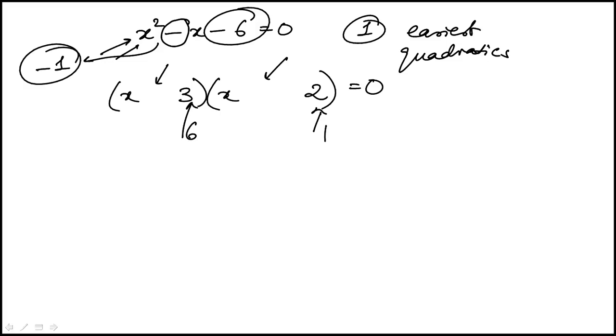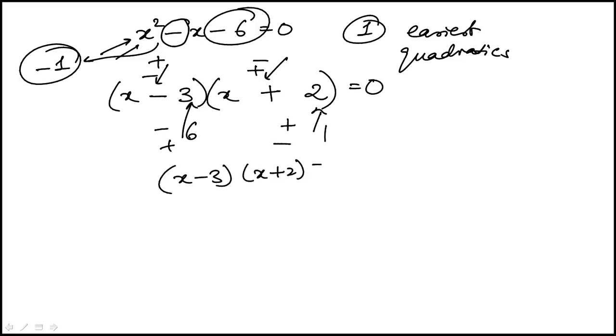So we have to place either a plus here and a minus here, or a minus and a plus, because we need a minus 6. If I put a plus and a minus here, that would give me plus 1. That doesn't work. So I have to actually put a minus here and a plus. And the 6 and 1 is not going to work even with the minus plus or plus minus, because I'm going to get 5x or minus 5x. So the solution is x minus 3 times x plus 2 equal to 0.